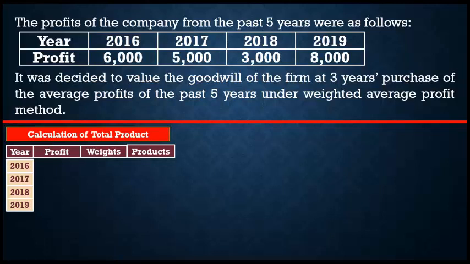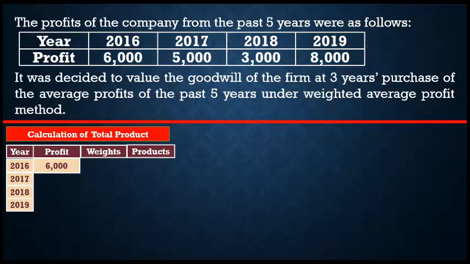Now, 2016 profit rupees 6,000. Now how to give the weights? For the first year weight 1, second year weight 2, third year weight 3, fourth year weight 4, as it continues. If there are 5 years, weights 1, 2, 3, 4 and 5.